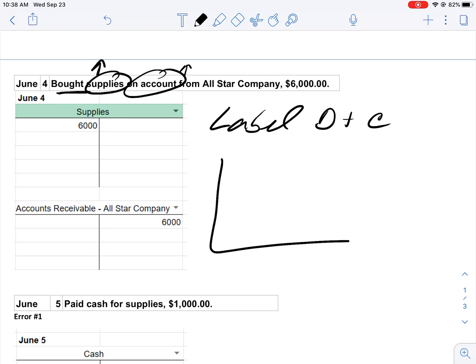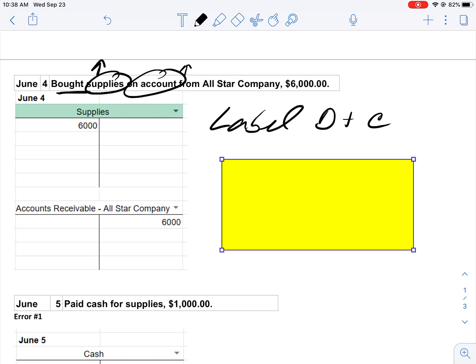Remember, let's go back to when we talked about accounts payable and accounts receivable. If we buy and pay on account, that's going to be accounts payable.